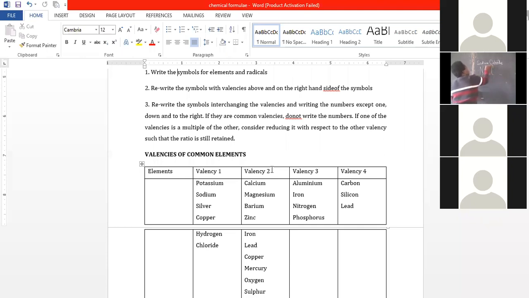Exchanging means that the valence for this element this side becomes the valence this side. Then the valence here goes that side. And then after I have exchanged the valences, you write the formula of the compound. Remember, we don't write the valency of 1. So, sodium chloride will be just that.